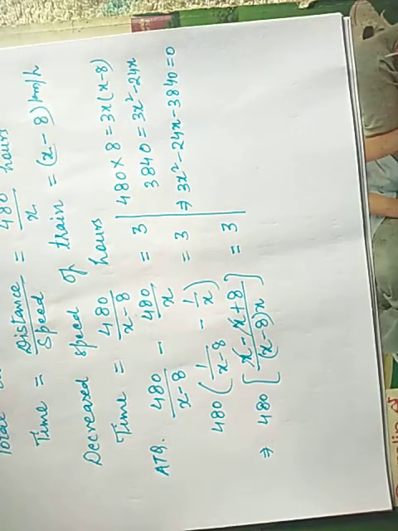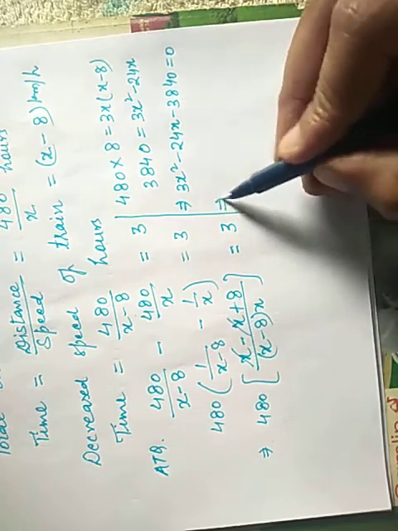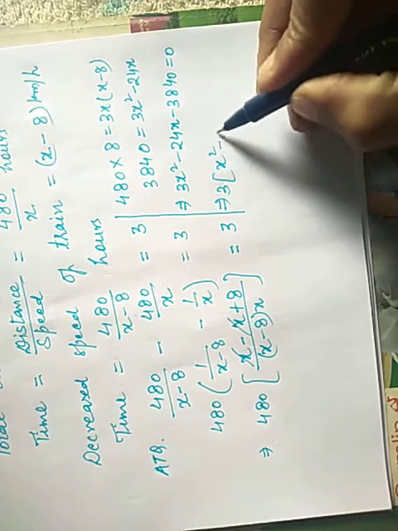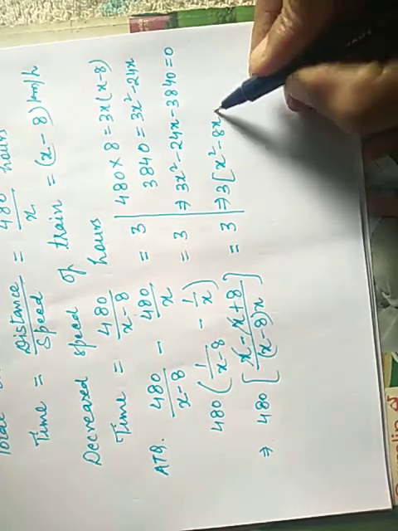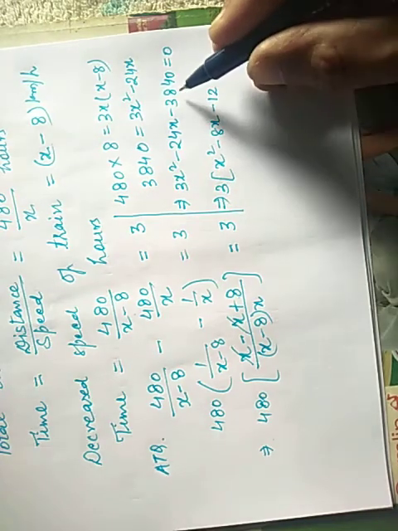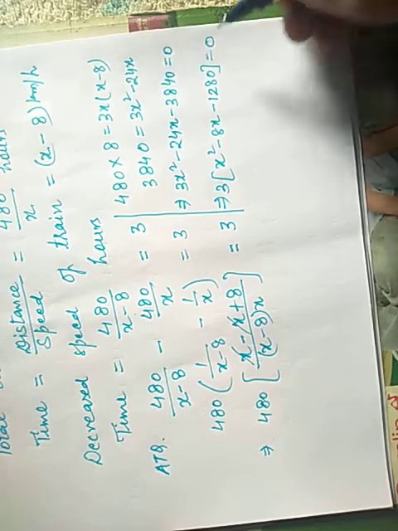Now we can take 3 common. 3 into, inside the bracket, we will have x square minus 8x and minus 1280, since 3 times 1280 is 3840, is equal to 0.